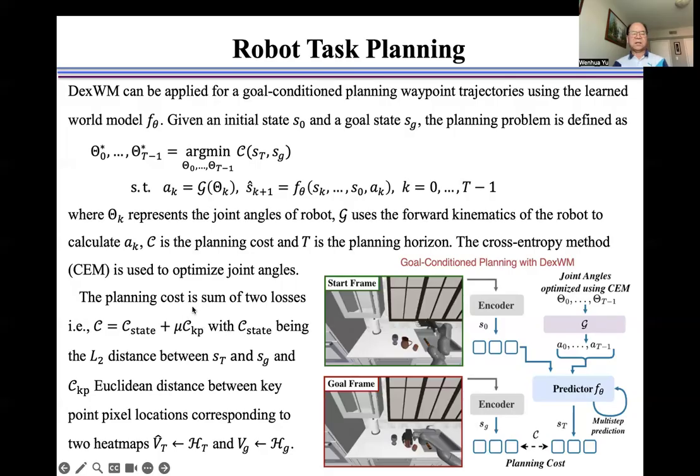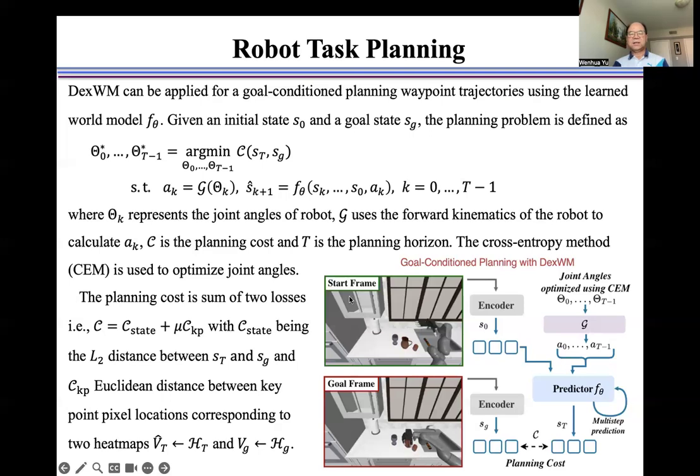The planning cost is the sum of two losses, namely C_state and C_points, with C_state being the L2 distance between S_T and S_G, as shown here, this S_G and this S_T, and C_keypoint being the Euclidean distance between key point pixel locations corresponding to the two heat maps, V_T caret and V_G.